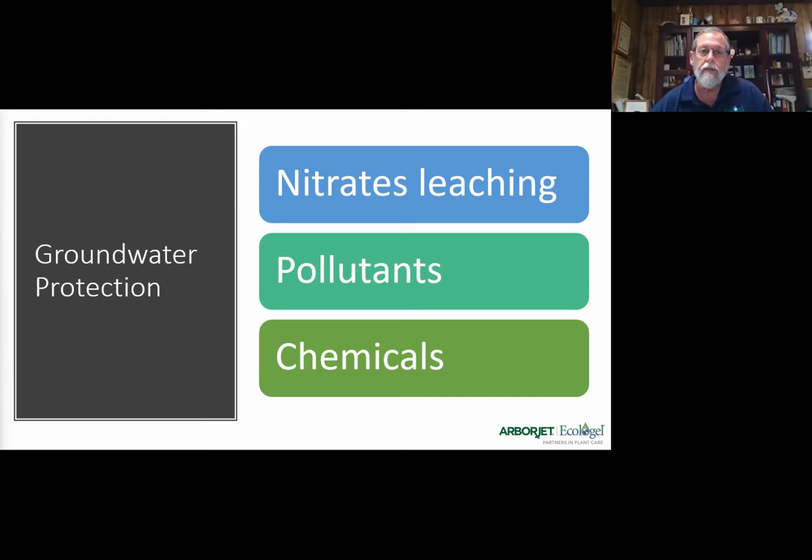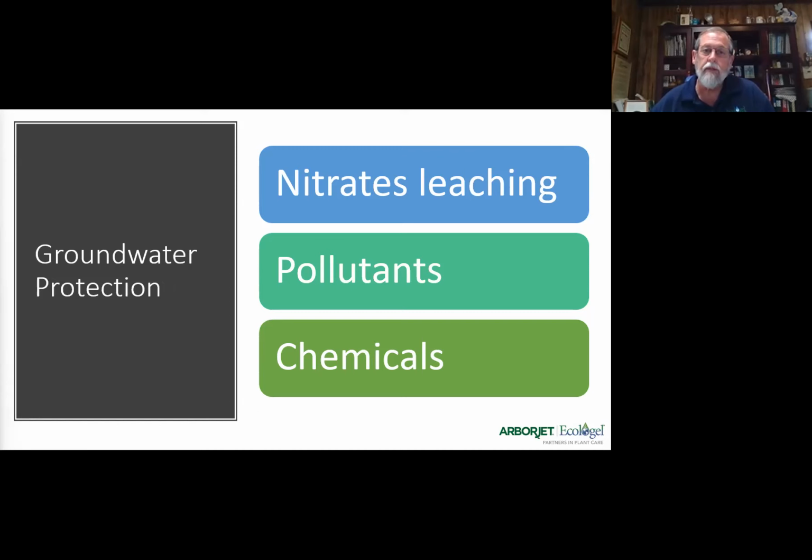But there's also things like pollutants that you're worried about and other chemicals that are applied to the ground. It turns out turf grass is a particularly efficient way of grabbing these kinds of pollutants that end up in groundwater, so a well-maintained turf, while still using just the right amount of fertilizer, is important to protecting our groundwater.